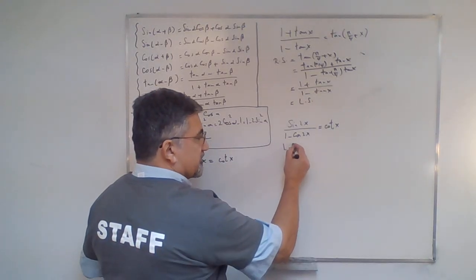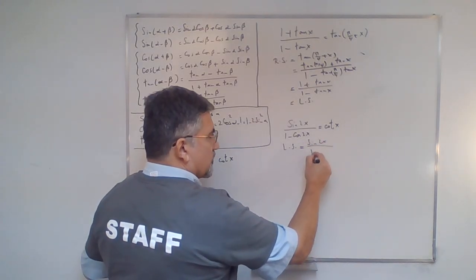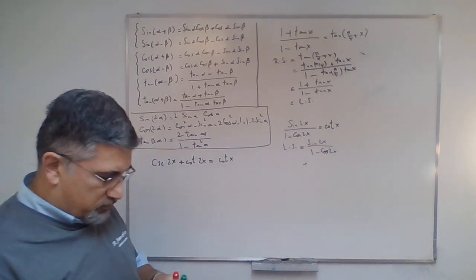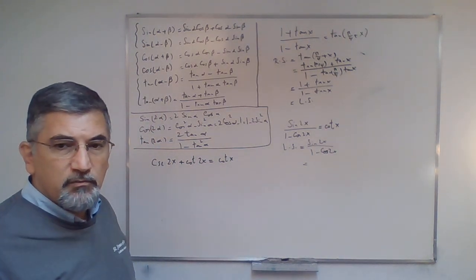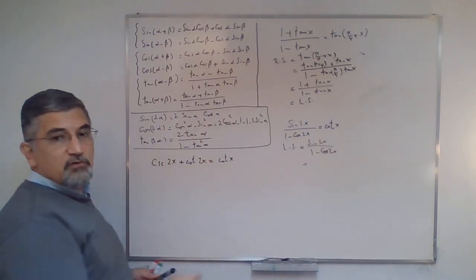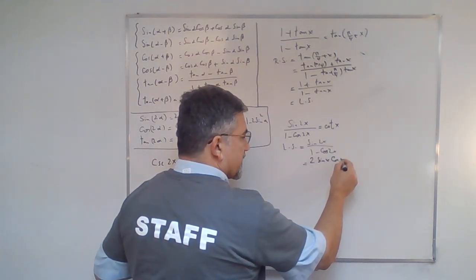So I'm going to select the left side here, and I'm going to rewrite it: sine of 2x over 1 minus cosine of 2x. In the numerator, I know the double angle identity for sine. Sine of 2 alpha is 2 sine alpha cos alpha. So this is going to be 2 sine x cos x.